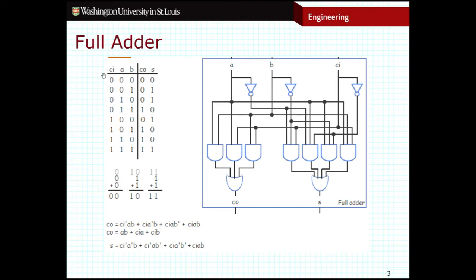But I have this new input called carry in, which is simply, do I have a carry bit from the previous addition, from the bit that's to my right, from the bit that's next door. So here is a truth table for this particular case. And again, I won't go through all of these cases, but I will point out a few of the more interesting ones, right? We can see again that if A is 1 and B is 1, we're going to produce a carry bit for our output with a sum of 0.